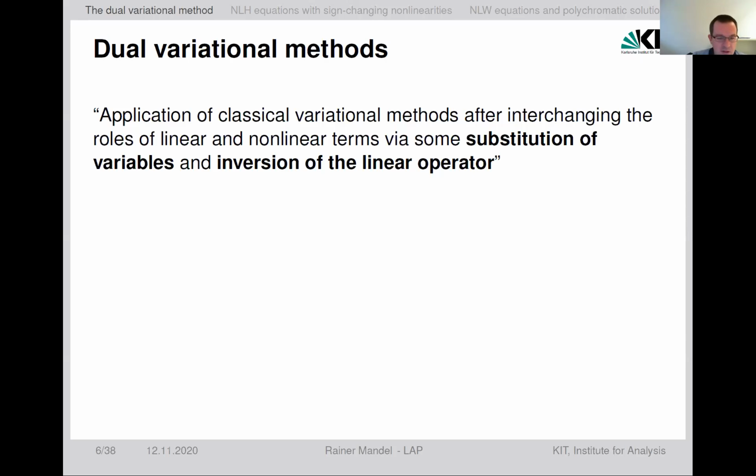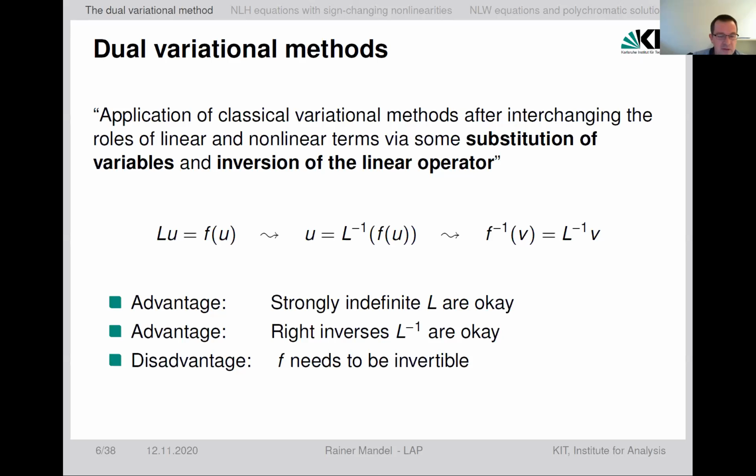So what does this mean? Just schematically, if you have L u equal to f of u, you want to solve this equation. So what would be the dual strategy to find solutions? You first apply the inverse, namely L to the minus 1, and then you replace the variable itself, namely you make the substitution f of u equals v, and you end up with this problem here on the right-hand side.